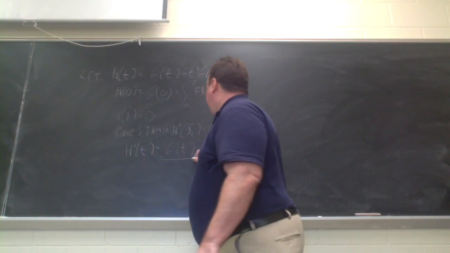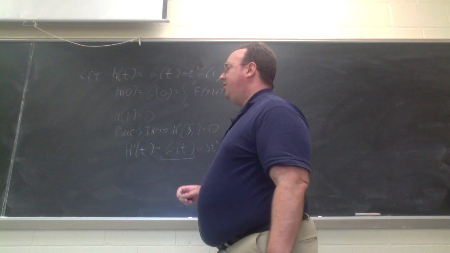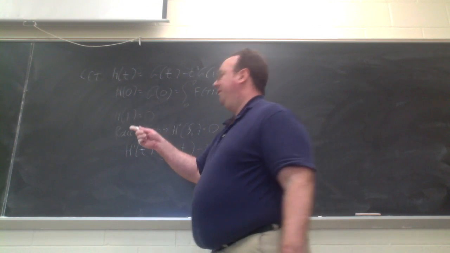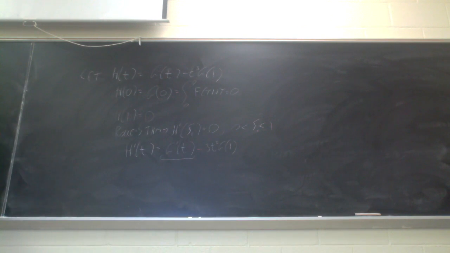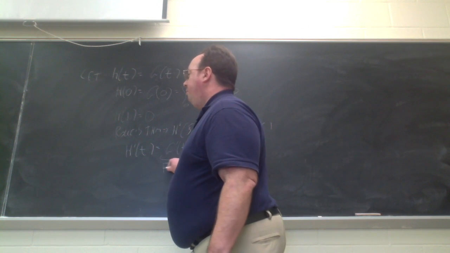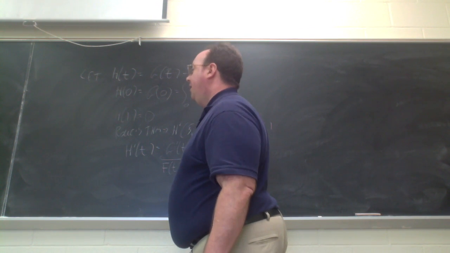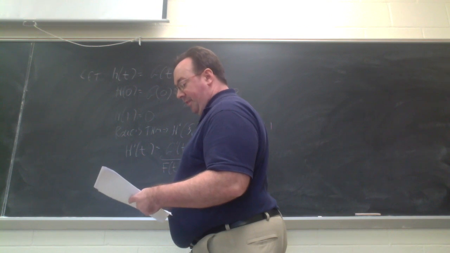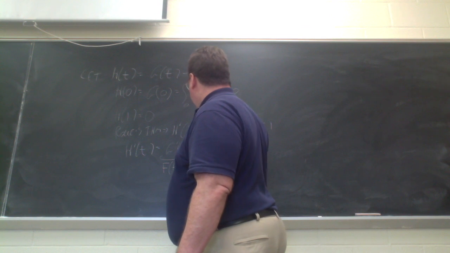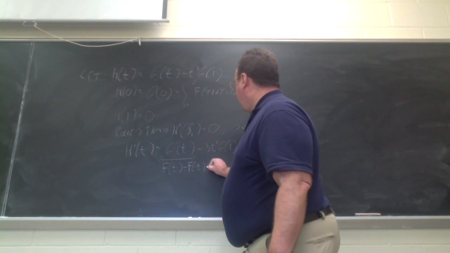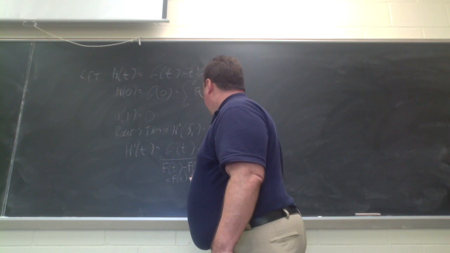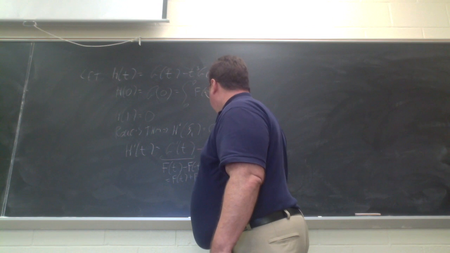So by the fundamental theorem of calculus, when you differentiate an integral with respect to its limits, that would be big F of t, and then minus big F of minus t times the derivative of minus t, which is minus 1. So that would be big F of t plus big F of minus t.